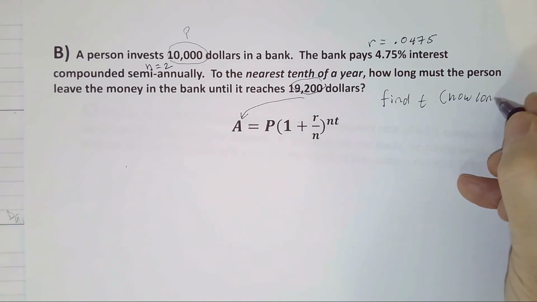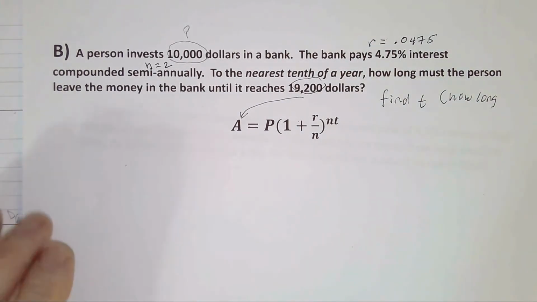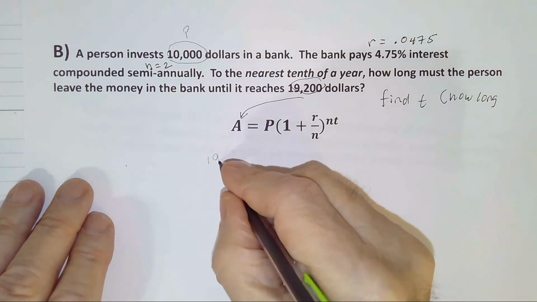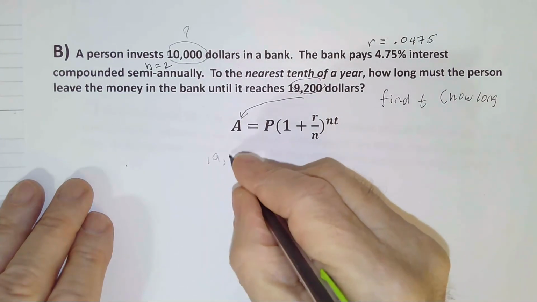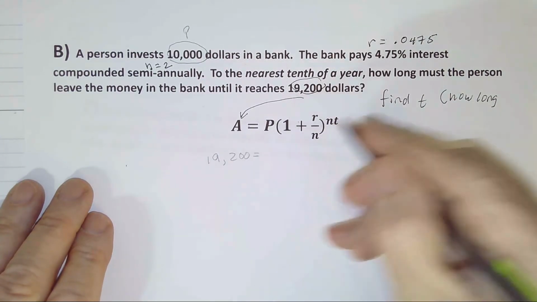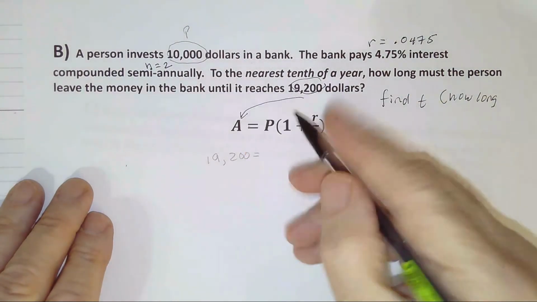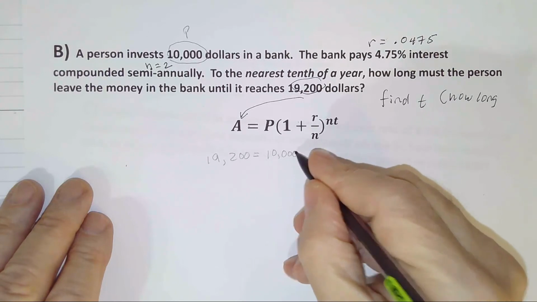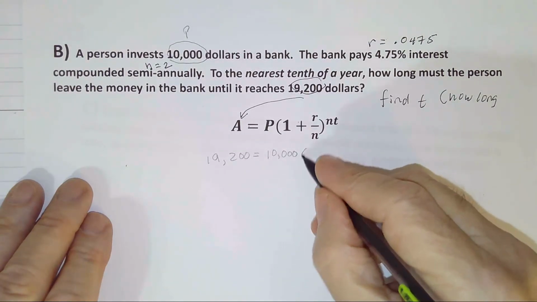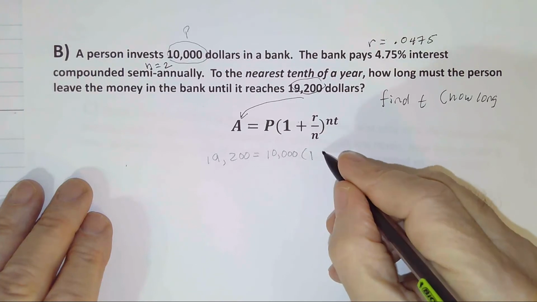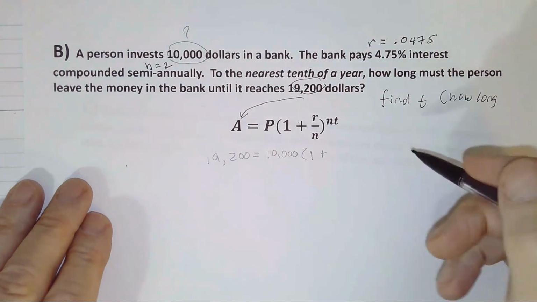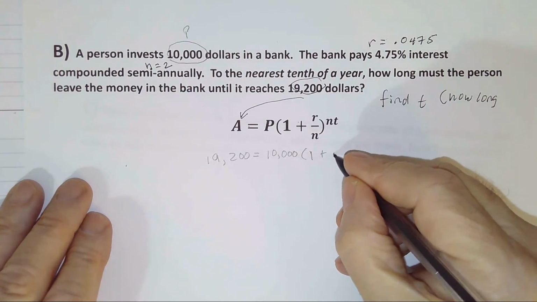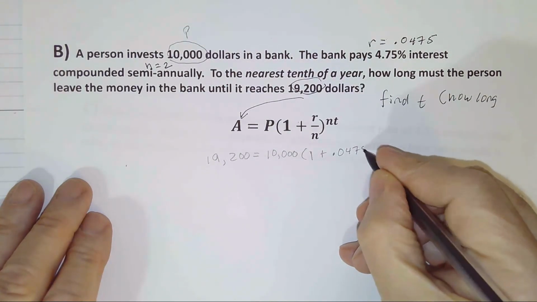Okay, so let's start plugging in these values. 19,200 is the result we want, and that's going to equal the beginning amount, which is the principal, the 10,000 bucks, times 1 plus the rate, which is 0.0475, divided by n.